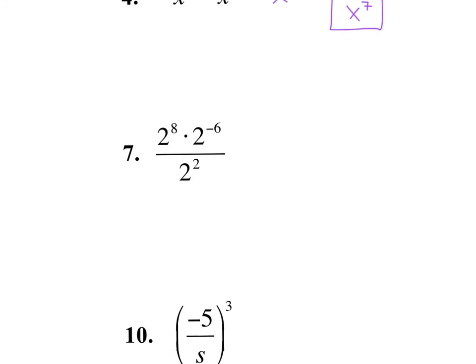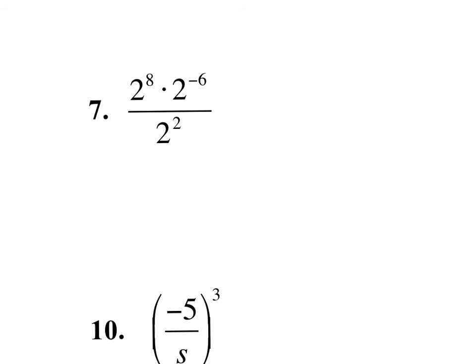All right, number 7. So you have a base 2 on all of this. I would start here. 2 to the 8th times 2 to the negative 6th is what? Two squared, right? 2 to the second power.